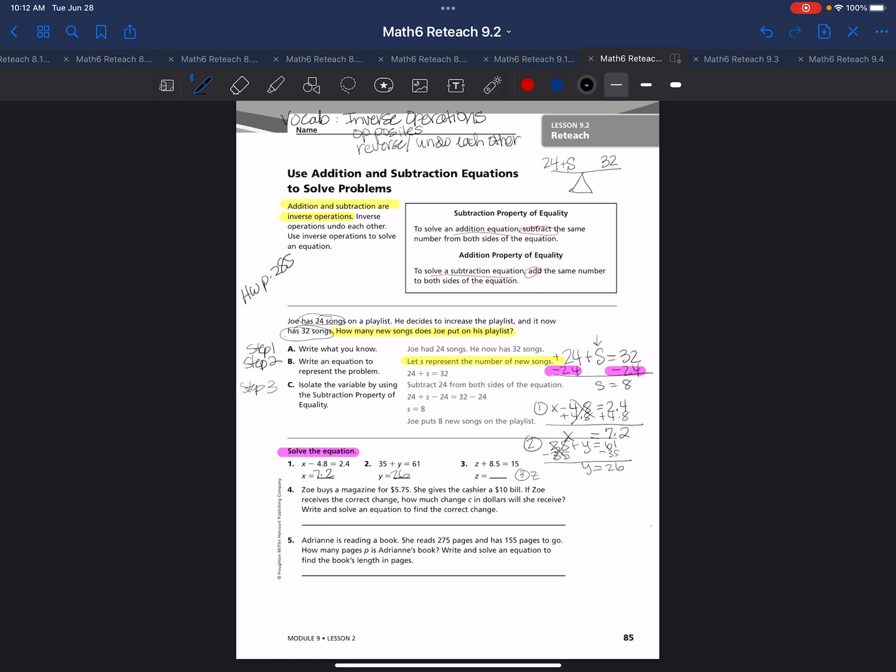I have z plus 8.5 equals 15. 8.5 is 8 and 5/10. This is an addition problem, so I need to subtract 8 and 5/10 from both sides. Remember here, that's 15 wholes, so I have to put a 0 there and line up my decimals. So I have 15 minus 8 and 5/10. So z equals 6 and 5/10.